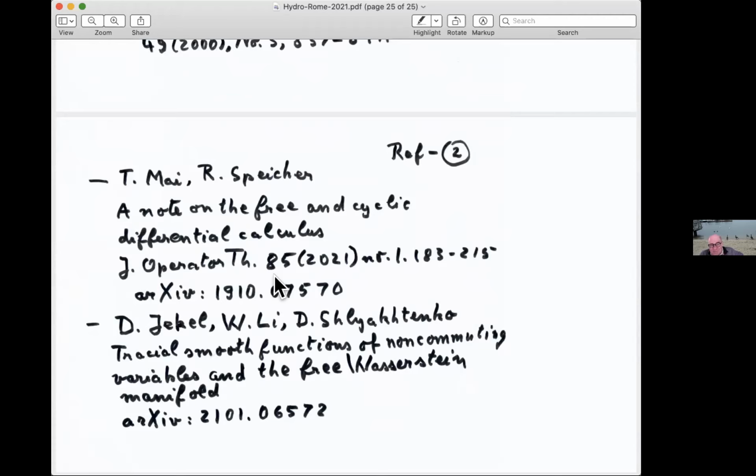I should say this last paper is also a new addition to this parallel of free and classical. We now have also a free Wasserstein manifold, which would clarify in particular also these Euler equations. So this is what I had to say.